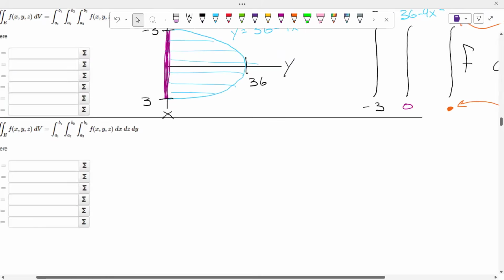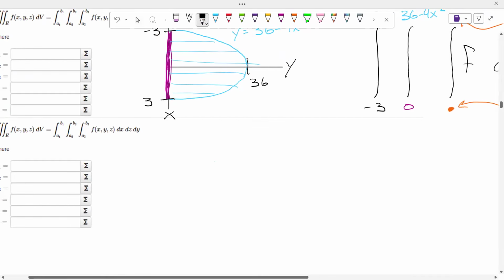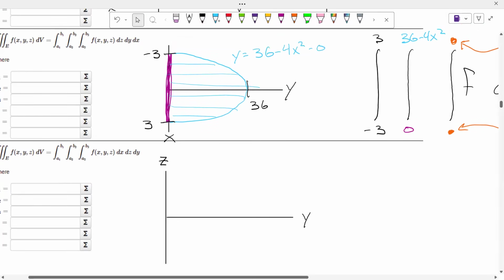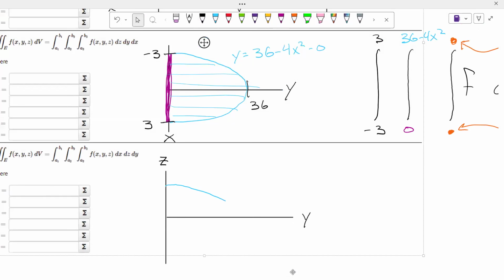And lastly, we did the other two variables first before. Now we're gonna do x first. This time I'll put z on the vertical axis. And again, I'll put y on the horizontal axis like we did last time. And it's nearly the exact same shape.